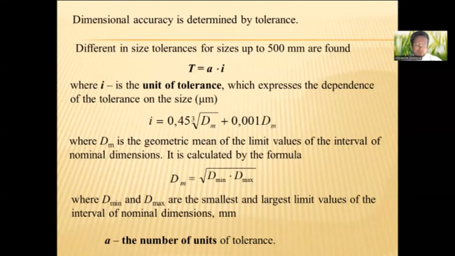In this formula, D suffix m is the geometric mean of the limit values of the interval of nominal dimensions.